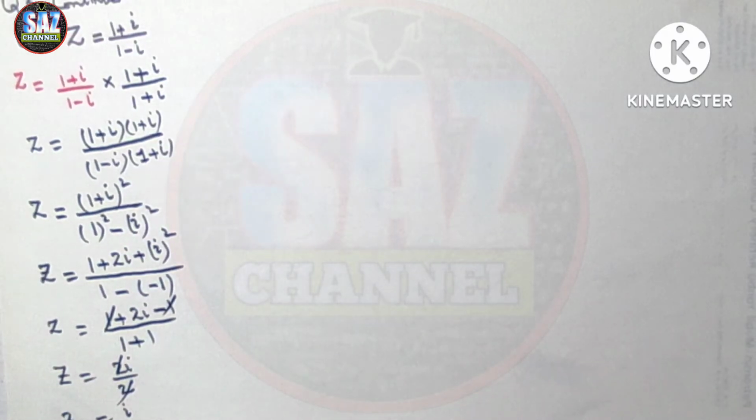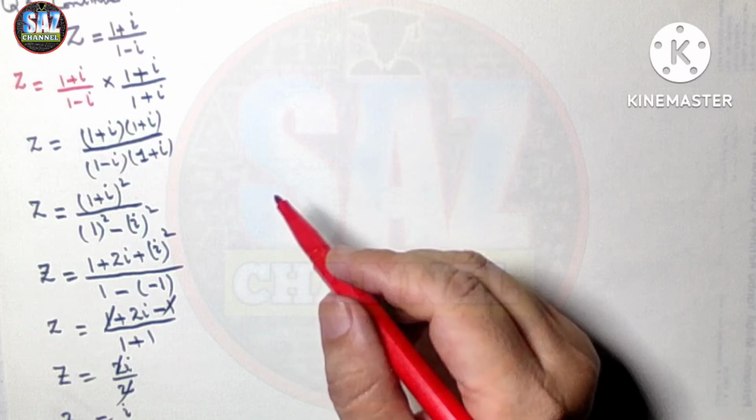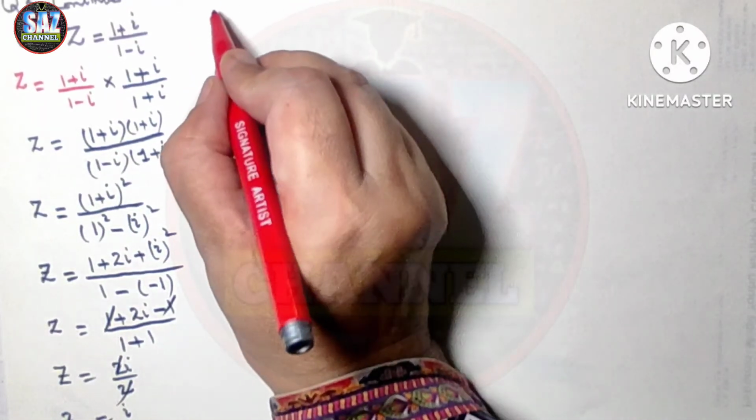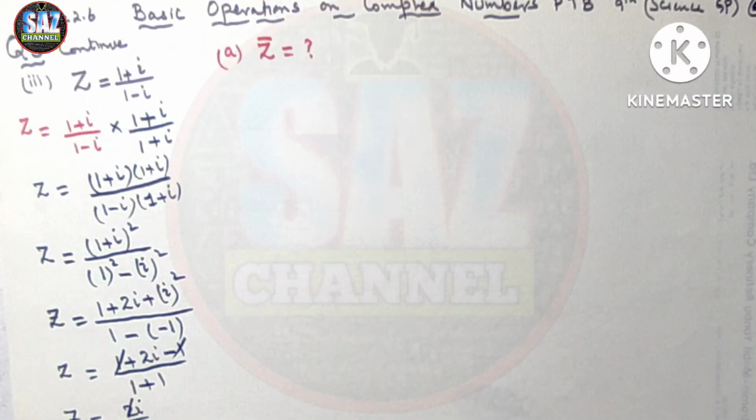Now the first requirement of the question is that we have to find z bar. This is the A part and we have to find z bar. Very easy question. Now we have the answer of z without fraction with us, and it's time to go for z bar.